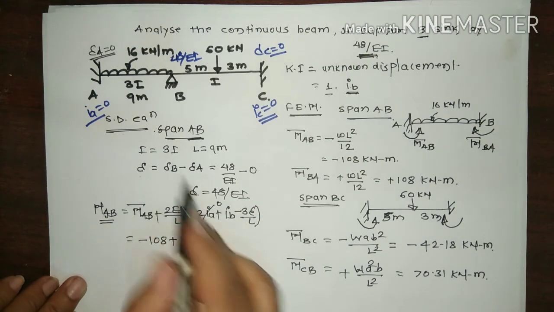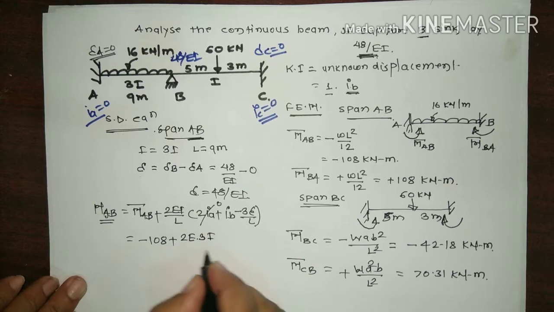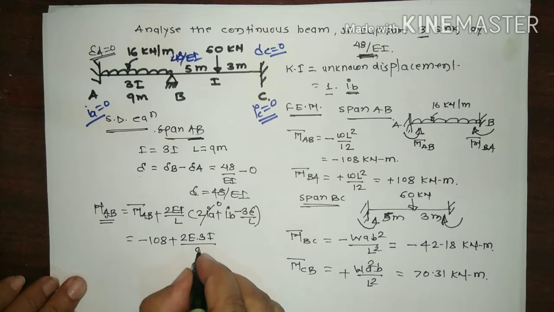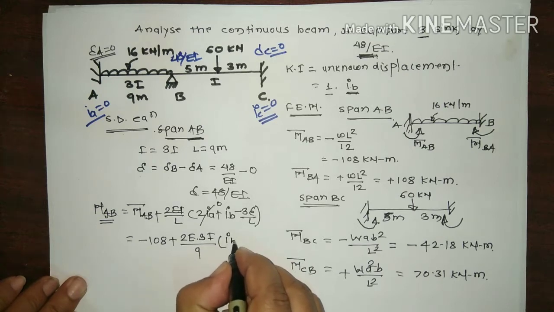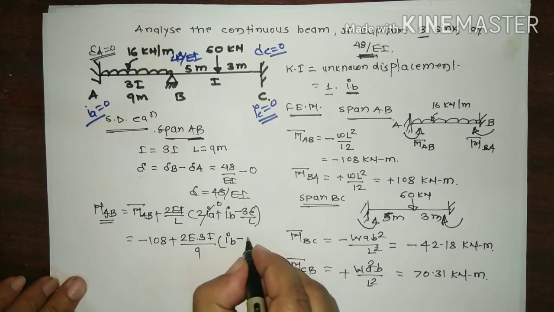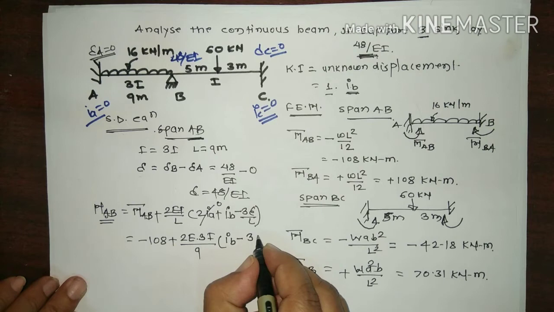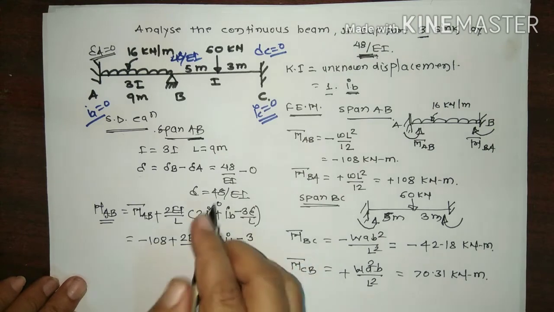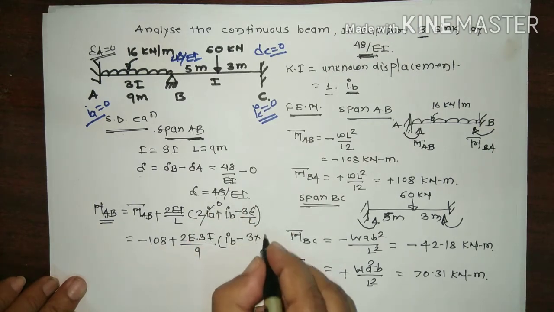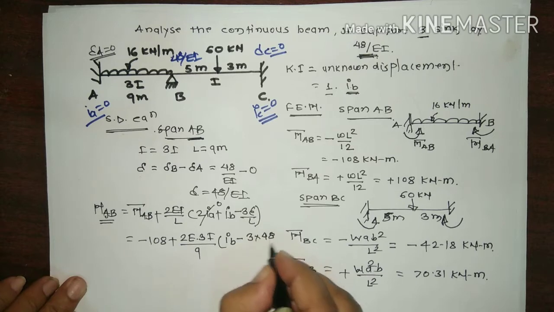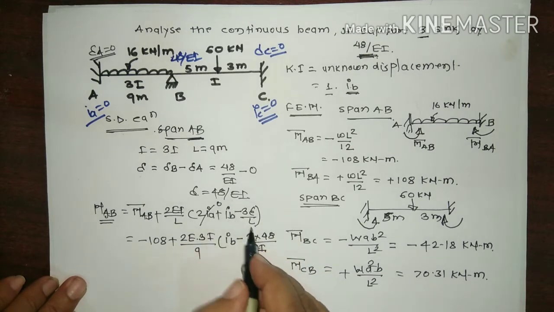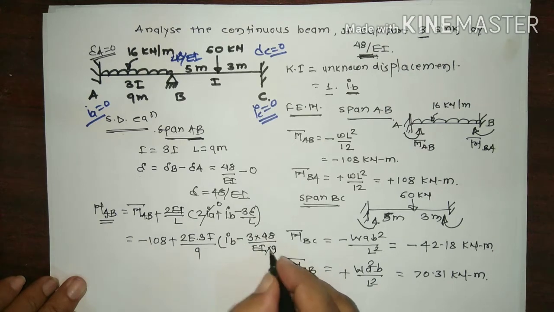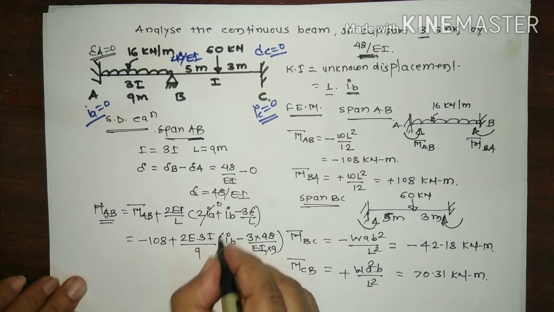Here I is equal to 3I divided by L is 9 meter into the θB minus 3 delta. Delta is how much? 48 upon EI, so multiply by 48 divided by EI into L is the 9 meter.